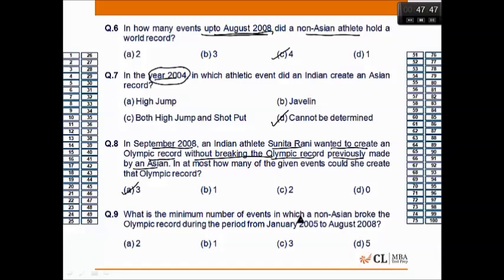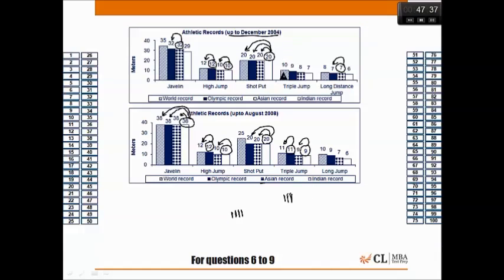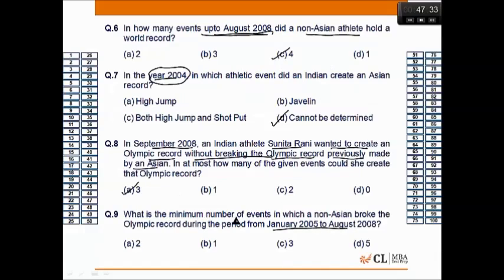What is the minimum number of events in which a non-Asian broke the Olympic record during the period from January 2005 to August 2008? Okay, so we have to connect these two graphs.